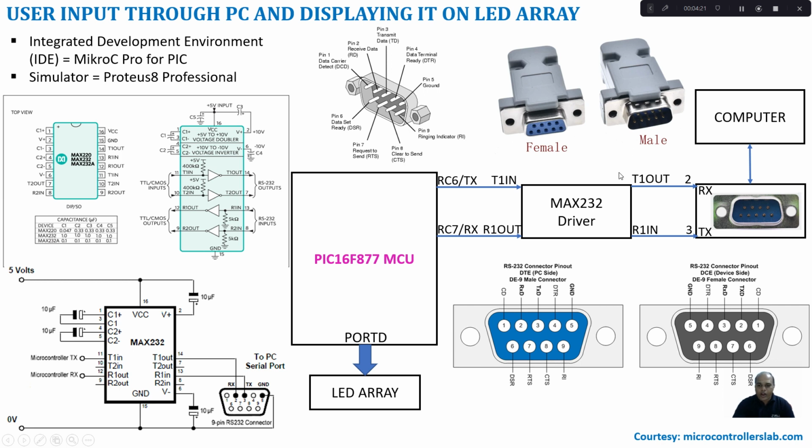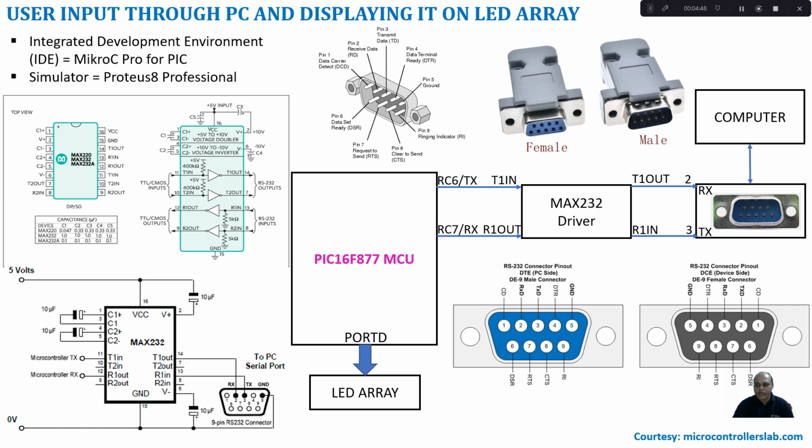Now in this application we are going to connect an LED array, 8 LEDs connected to port D from RD0 to RD7, and I am going to provide an input from the computer: an 8-bit number, in decimal from 0 to 255.